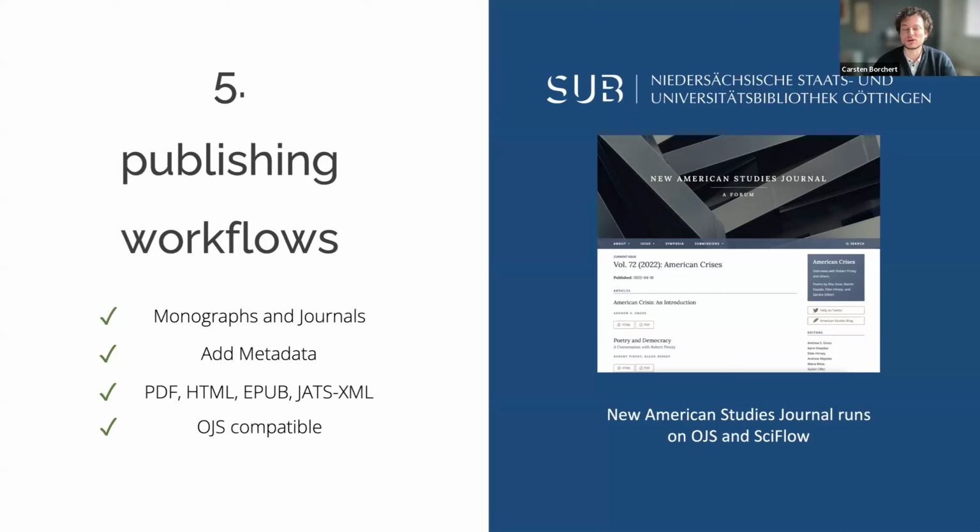So here on the right, you see one journal that is produced with SciFlow, and I think we're working with around 20 journals with SciFlow now, who produce their documents with SciFlow.